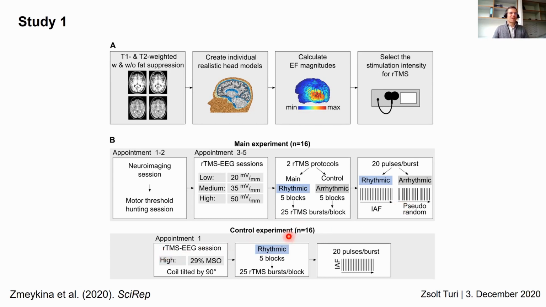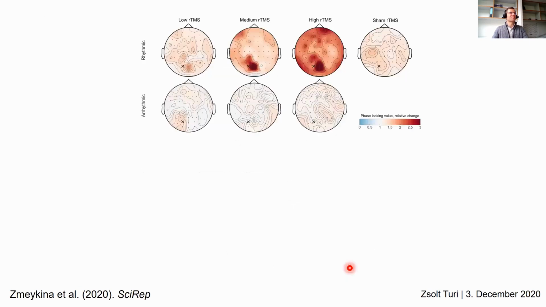In the control experiment, we stimulated our participants with sham stimulation. So here, the sham protocol was applied by tilting the coil by 90 degrees, and we used for each participant 29% of the MSO, because this was the highest stimulation intensity that we had for one participant in the high intensity condition. Here we only applied the rhythmic rTMS sham protocol.